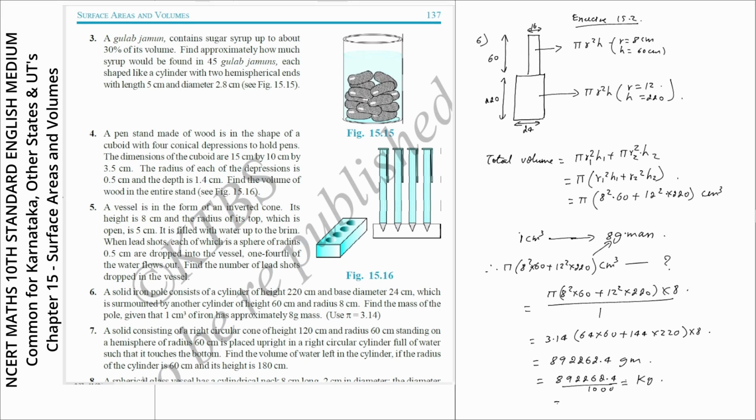So this is equal to 892.2624 kg. So the mass of this pole is 892.2624 kg.